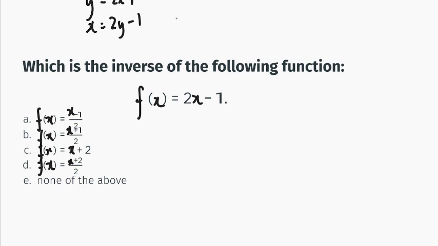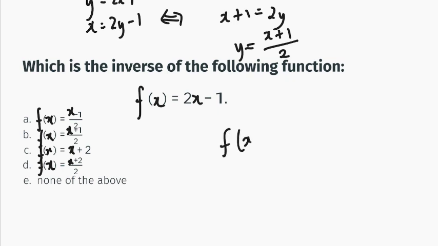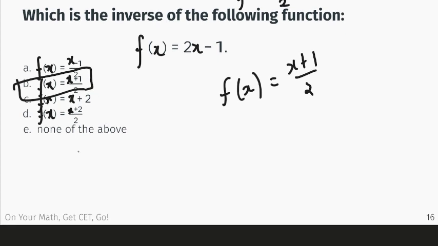And then we solve for y. So solving for y, we get x plus 1 equals 2y. And then we get that y equals (x + 1) over 2. So our inverse function is f inverse of x equals (x + 1) all over 2, which is letter B.